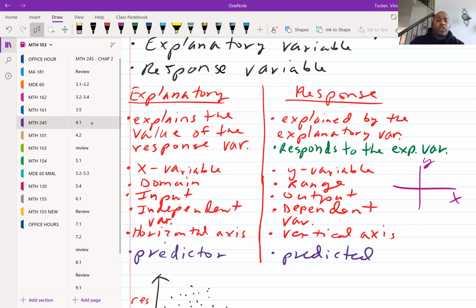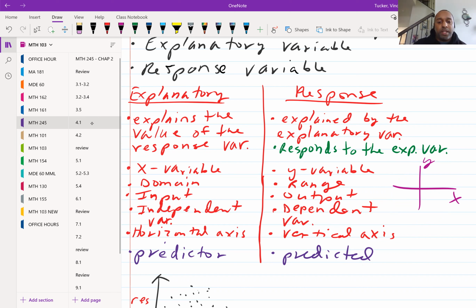Whatever you decide your explanatory variable will be, that's going to be the same as your X value, so that'll be your horizontal axis. Your Y variable will be your response, that'll be your vertical. Your domain and range, input versus output. Remember how we plugged in the pages and got out the thickness of the book. Your explanatory variable is what you plug in, response variable is what you get out.